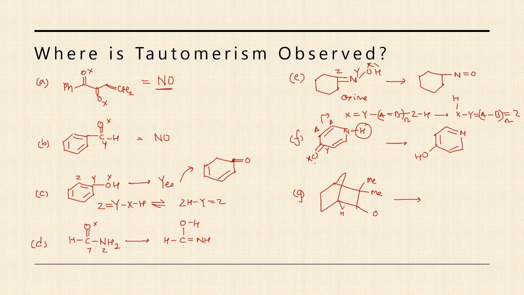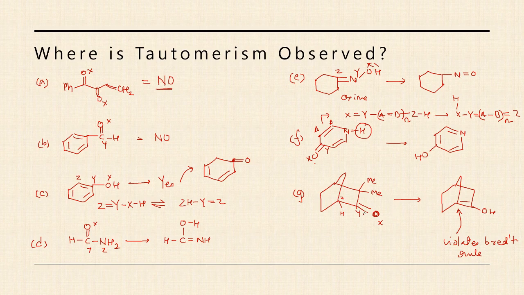If I place a hydrogen over here and put a double bond O over here, then tautomerism would not take place, because if this is X, this is Y, at the Z position there is a hydrogen atom, but this system is very unstable because it violates Bredt's rule.